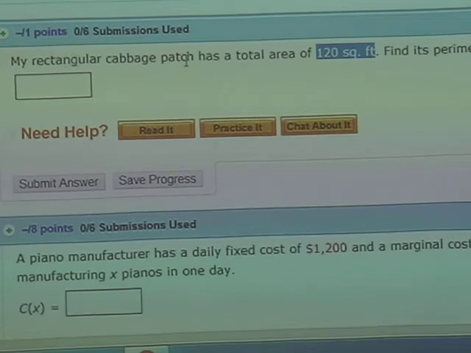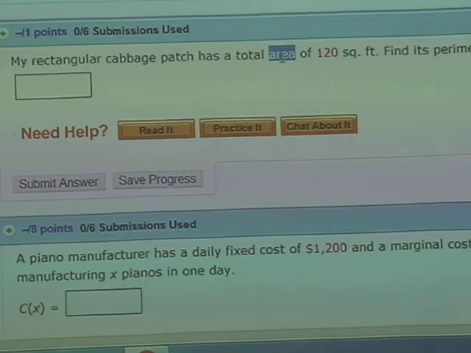My rectangular cabbage patch has a total area of 120 square feet. So area should not be a linear number, right? Should not be a linear measurement. If I said my cabbage patch has a total area of 5 meters, you should be upset.